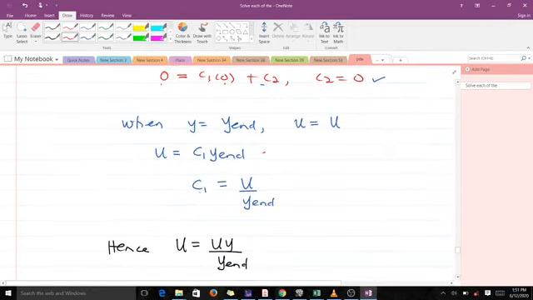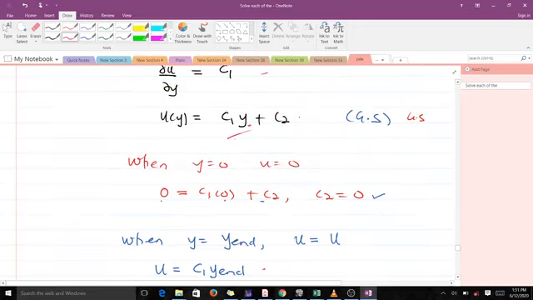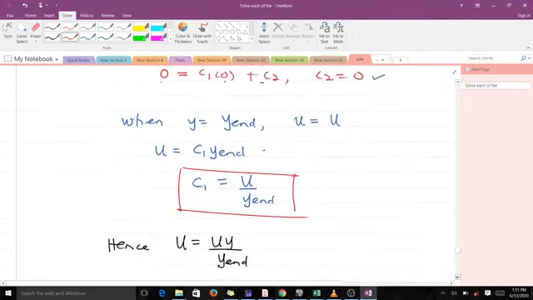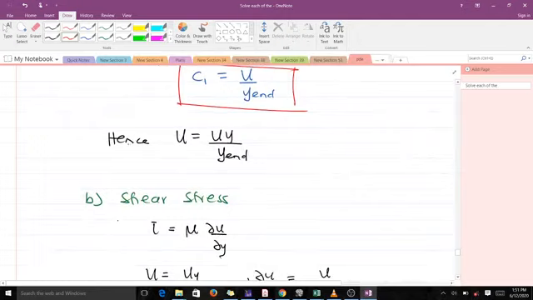Making c1 the subject, c1 equals U over y_n. The general solution was this, but we've now got c2 and c1. Making the substitution, we get u equals U y over y_n. I hope you get it. Here the small u is the velocity profile, and the big U is the velocity at y equals y_n. So this is the velocity profile for the Couette flow.